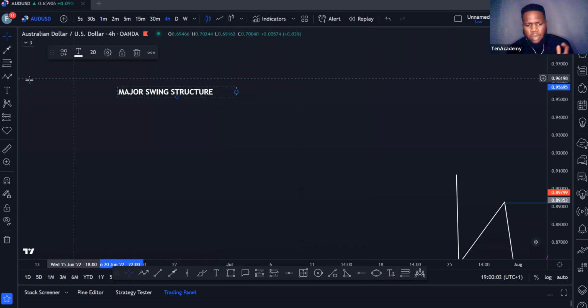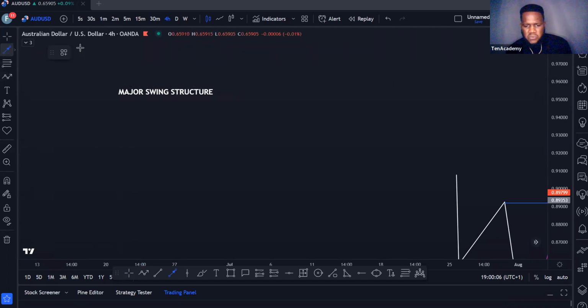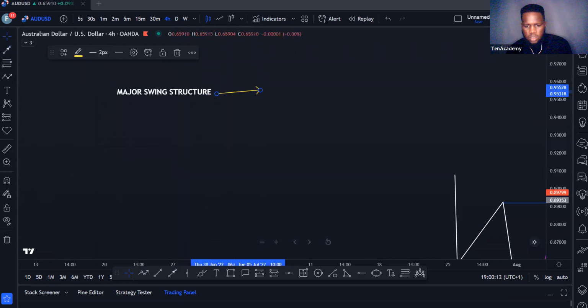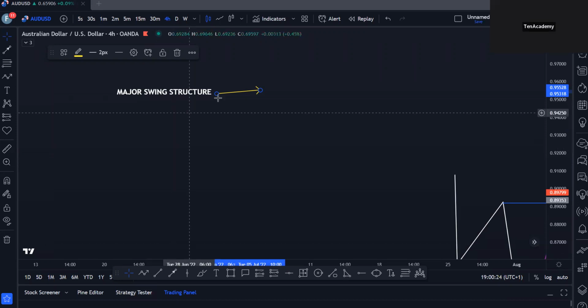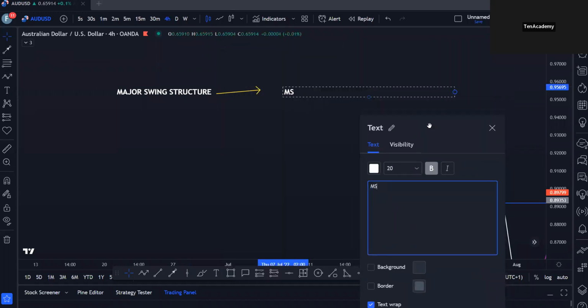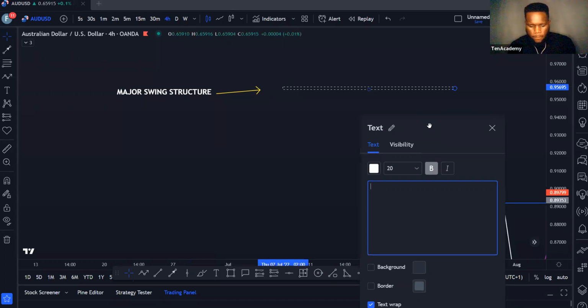Now, a major swing structure is formed at the reversal of major structure.